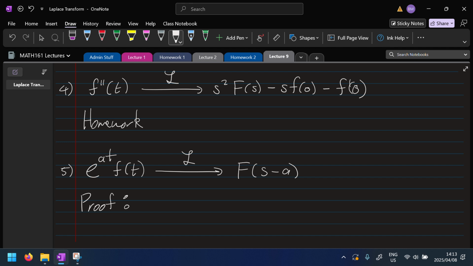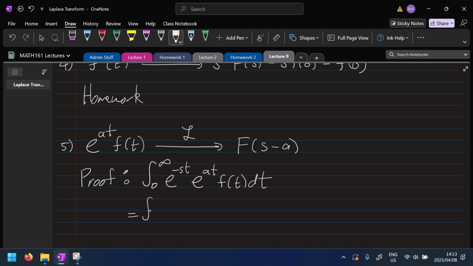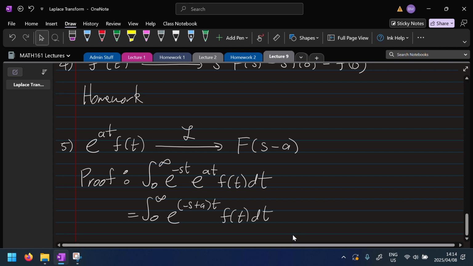So we want to take the Laplace transform of this. So that's going to be the integral from 0 to infinity of e to the minus st. Okay, that just comes from the transform. Now the function will be e to the at f of t and then dt. Now we've got two exponentials. We can combine them together. So this is going to be the integral from 0 to infinity e to the minus (s plus a)t f of t dt.